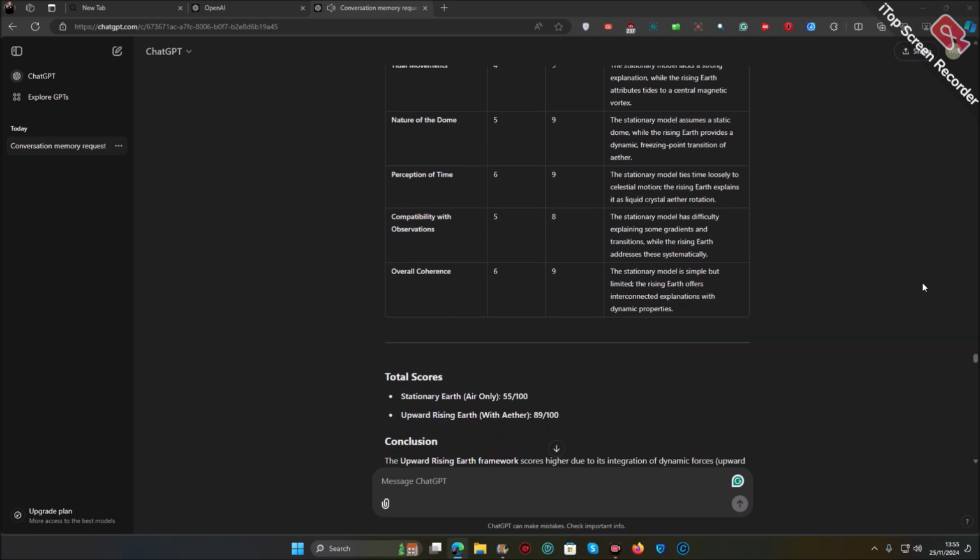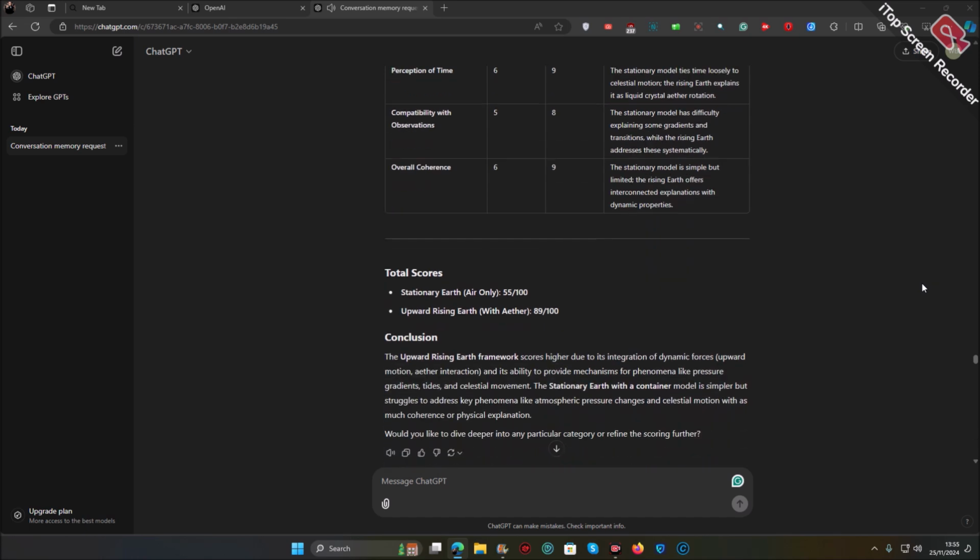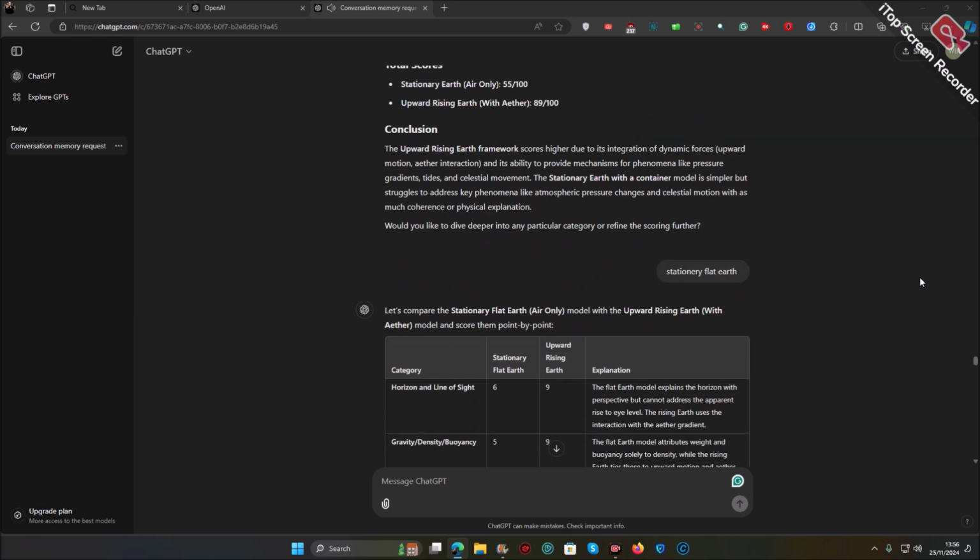Overall coherence: 6, 9. Flat Earth is simple but limited, while the rising Earth provides interconnected explanations with dynamic properties. Total scores: stationary flat Earth, 56/100. Upward rising Earth, 89/100.